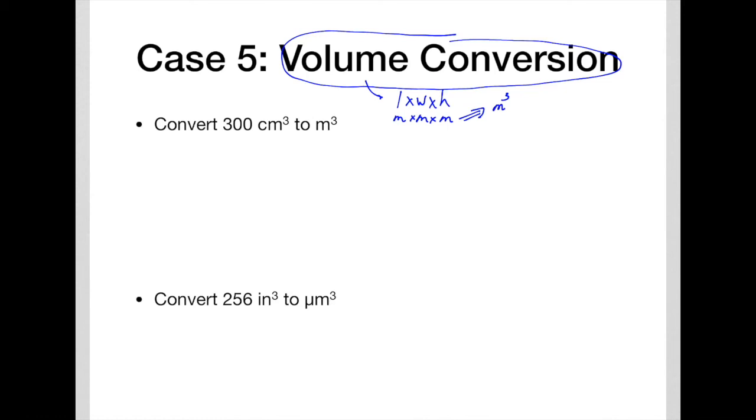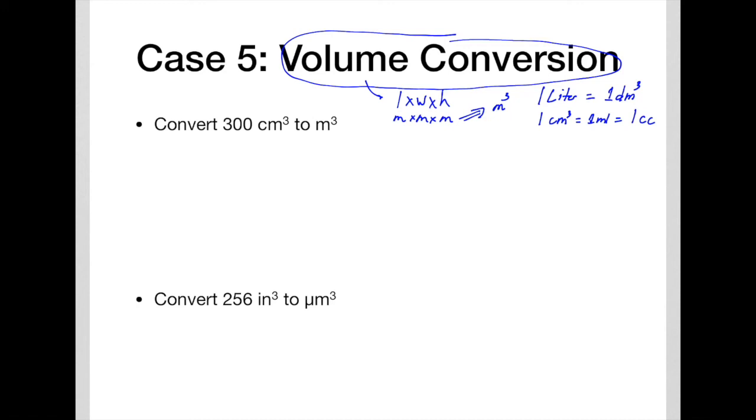Okay, and one unit of volume is the liter. For every 1 liter, this is equal to 1 decimeter cube, and 1 centimeter cube is just equal to 1 ml, or simply 1 cc. Cc stands for centimeter cube.